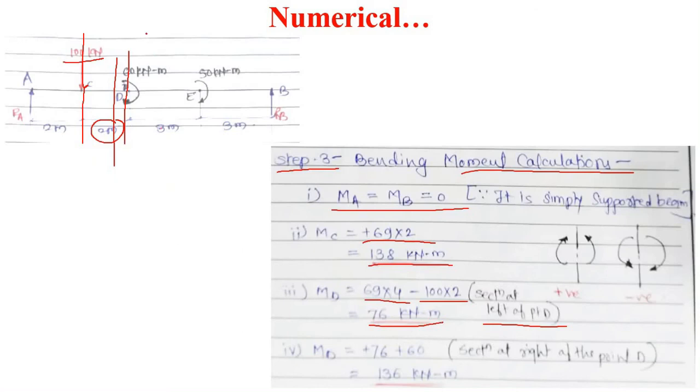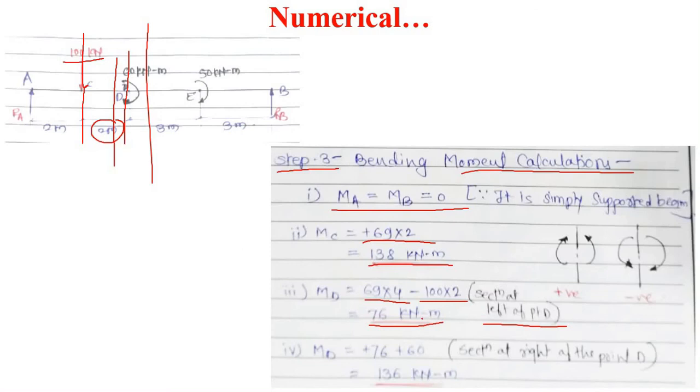When we take a section just at the right side of this point D, it is RA into 4 meter minus 100 kilonewton into 2 meter plus this 60 kilonewton moment. This 60 kilonewton moment is directly given here, so we will consider that as well.